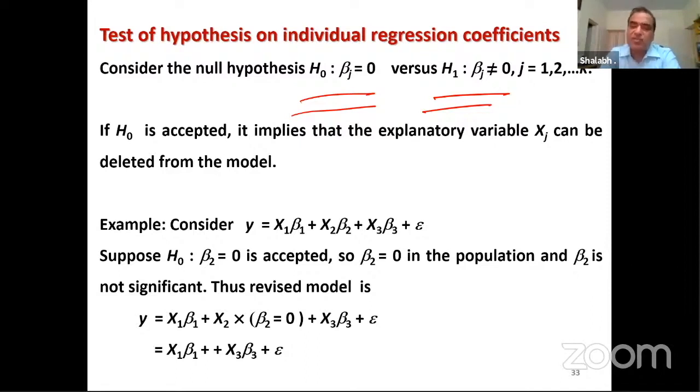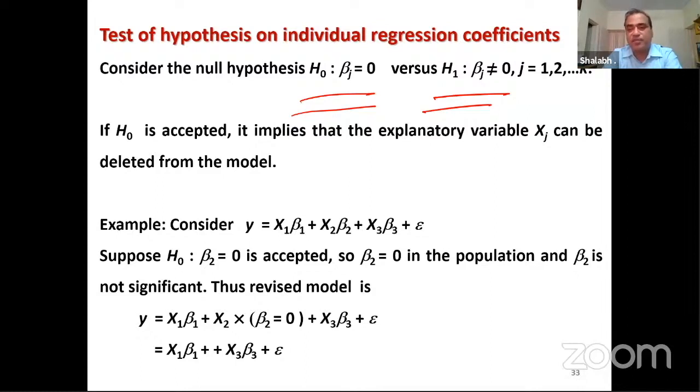So when beta j equal to 0 is accepted, that means in the population beta j is equal to 0, which means the rate of change in the average value of y with respect to the jth independent variable is very small, close to 0 ideally.